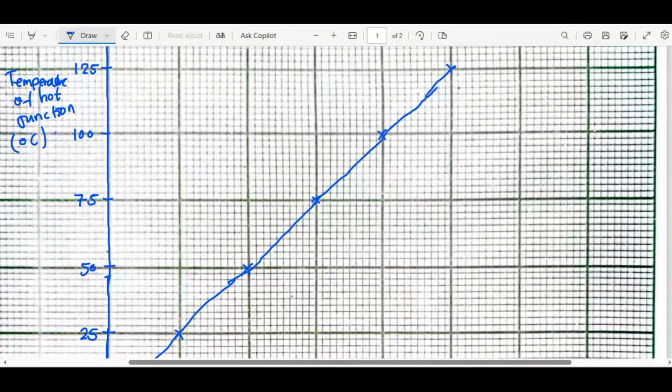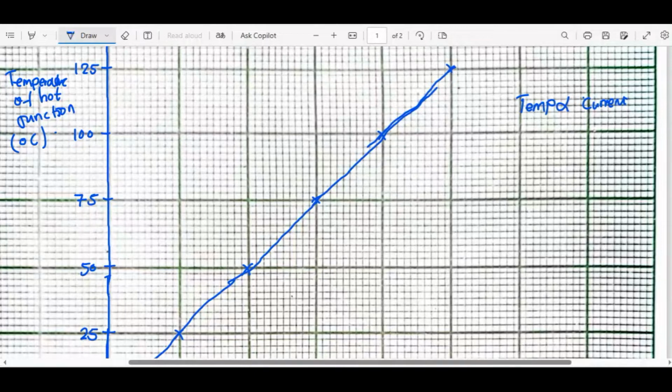If we use a rule, we can see that what we have formed is a straight line. So what interpretation can we get if we have a straight line? The straight line, like this one, is telling us that the temperature is directly proportional to current.